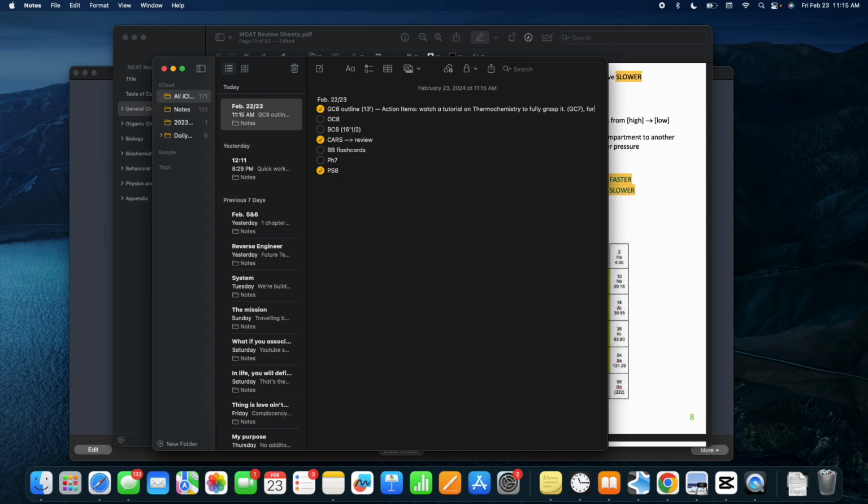For GC8, come up with mnemonics for gas laws and ask GPT questions for the different gas equations.